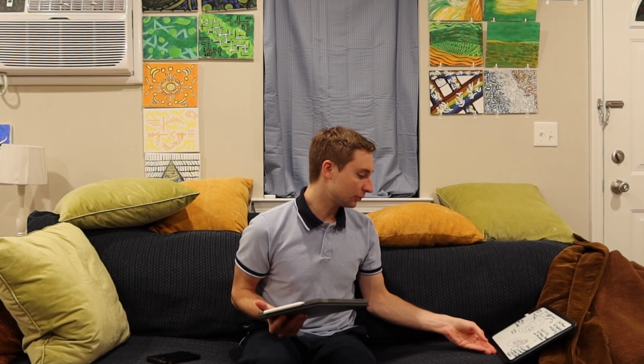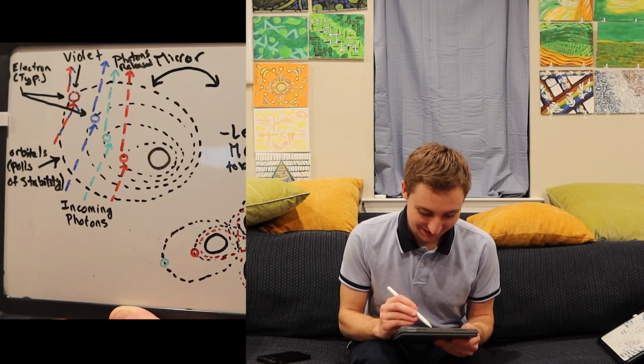So what I have here is, basically, two different types of orbital drawn out. So what I think would play out is, okay, this is where I should start drawing.